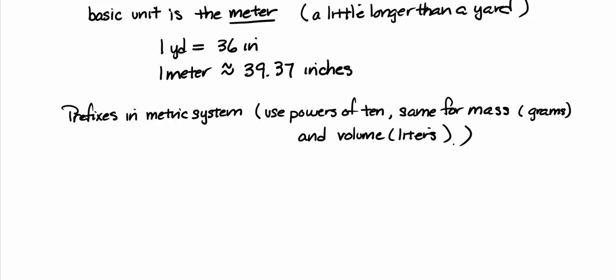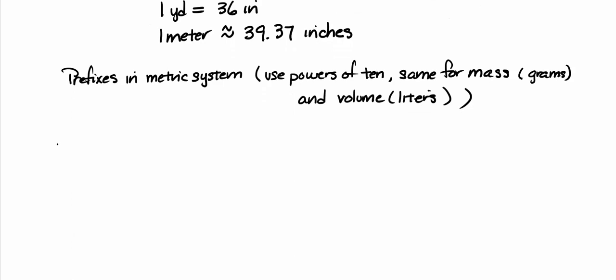Okay, so from left to right, from largest to smallest, we have the kilo, which is 1,000 times. We always use K as the prefix. So kilo is 1,000.